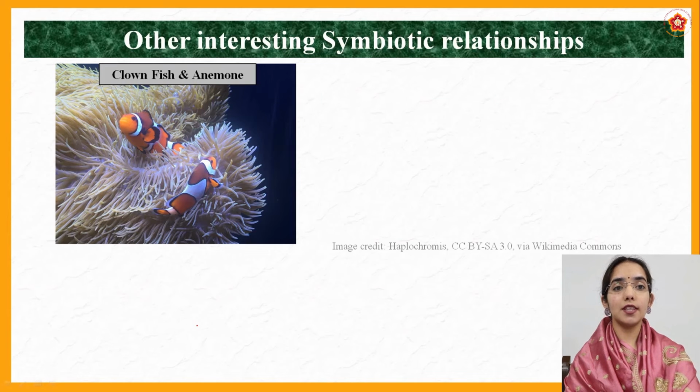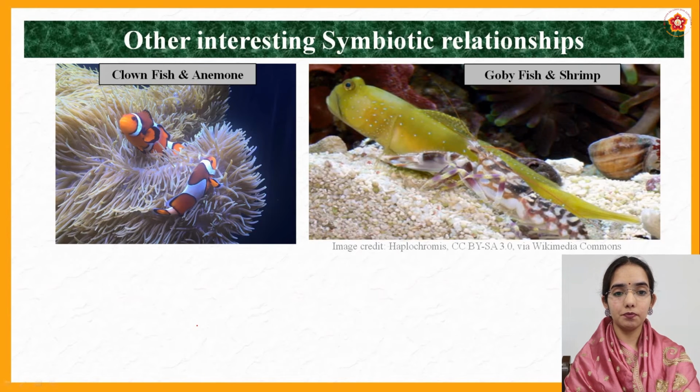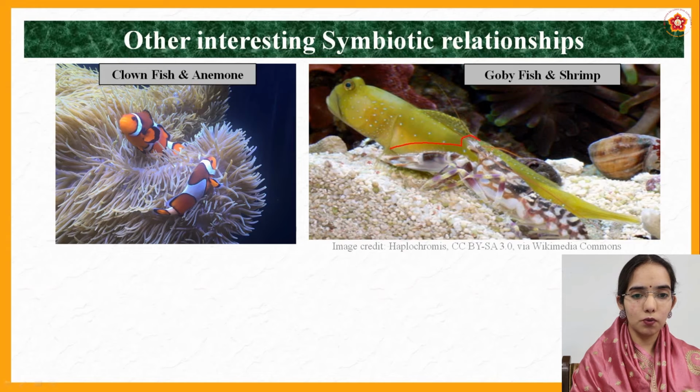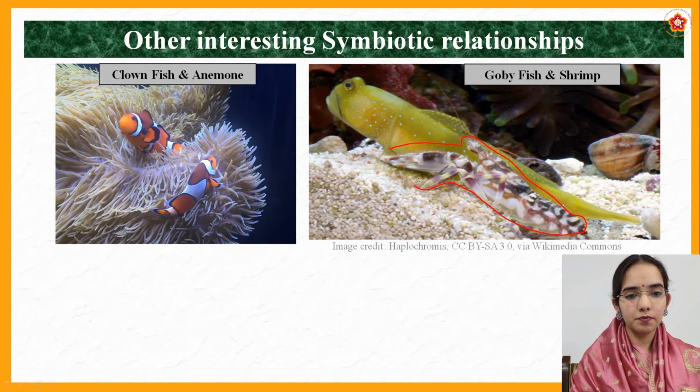Let's have a look at another interesting example. This is goby fish and a shrimp. So this organism, shrimp, I hope you can see this one over here, is a shrimp.